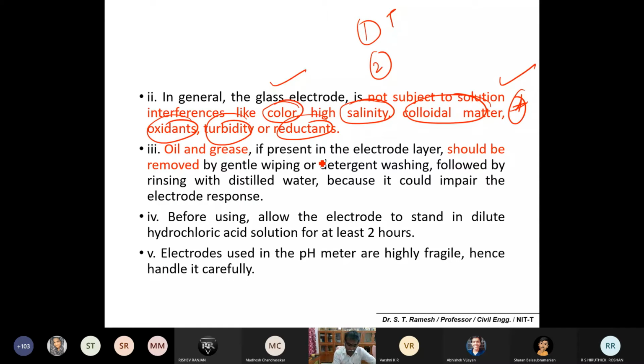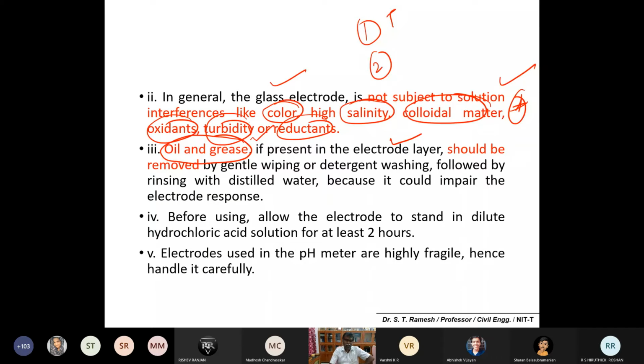And the water should not contain oil as well as grease. Otherwise, it will form a thin layer on your combined electrode, which may sometimes give erroneous results. Before your pH analysis, oil and grease should be removed.